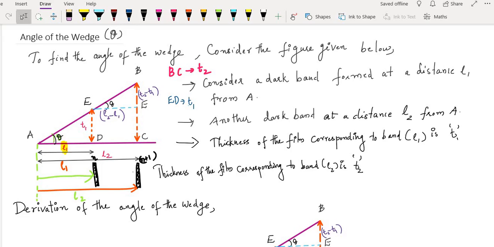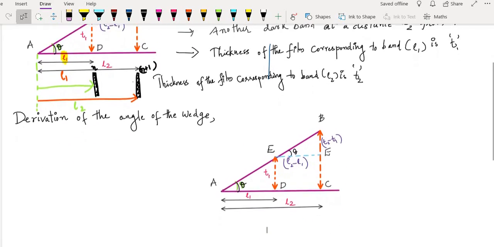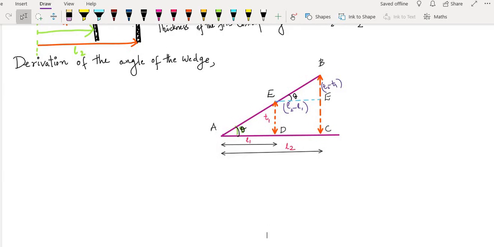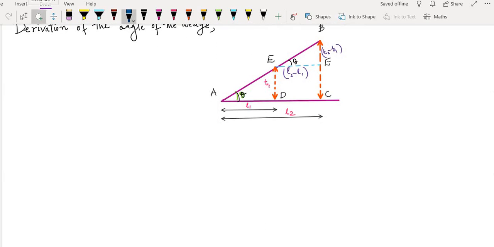Now let's derive the equation for the angle of the wedge. As I mentioned in the same figure, BC is equal to T2, and this is my n plus first dark band and this is my nth dark band.